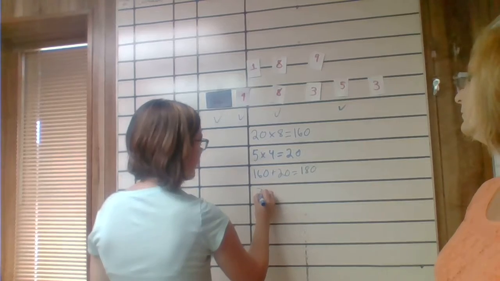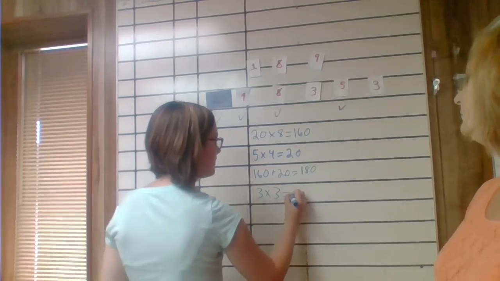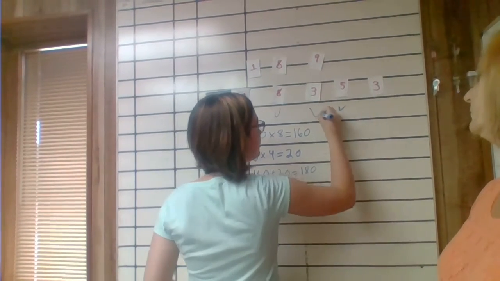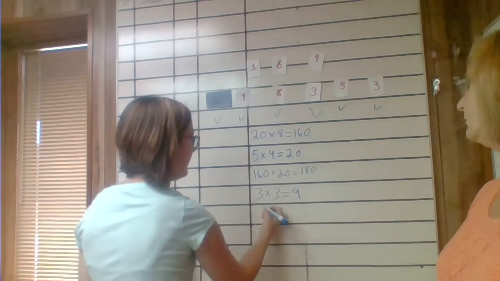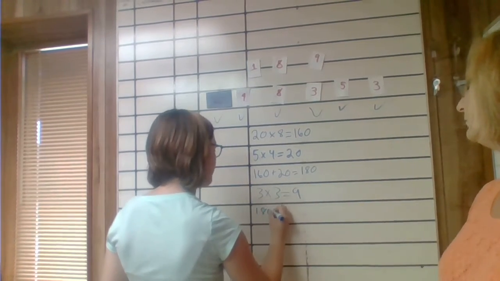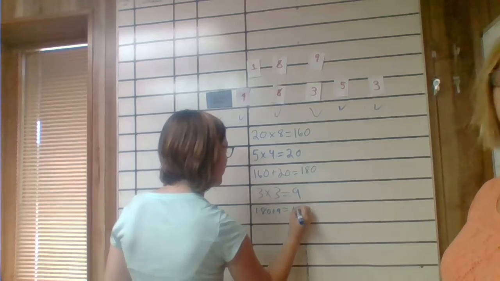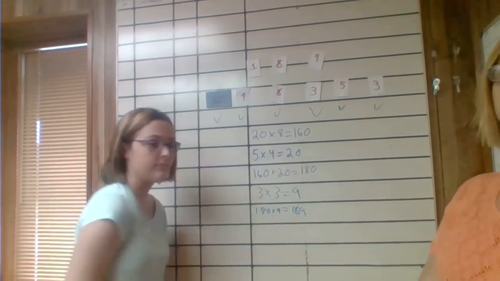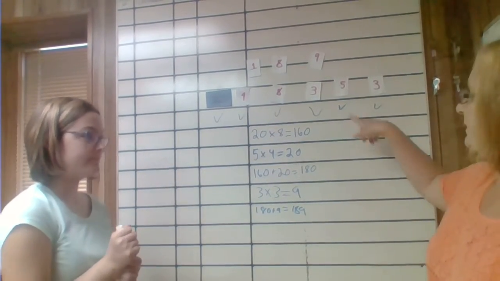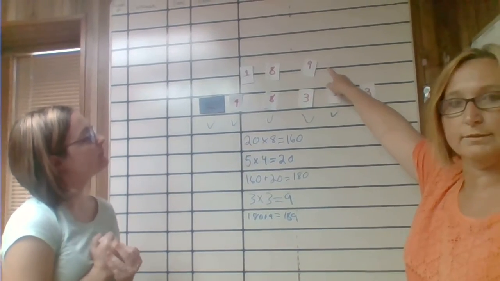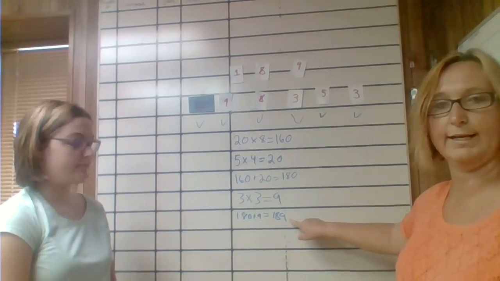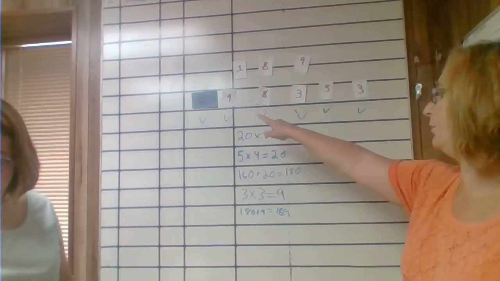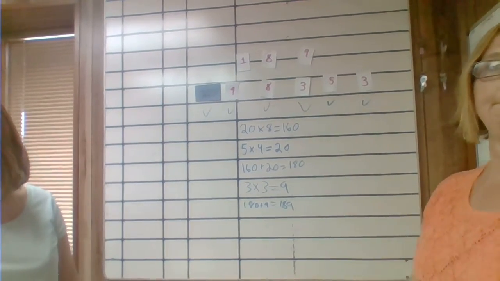And then I'm going to do the 3 times 3, which equals 9. And 180 plus 9 equals 189. So as you can see, Abigail made 189 using each number only one time.